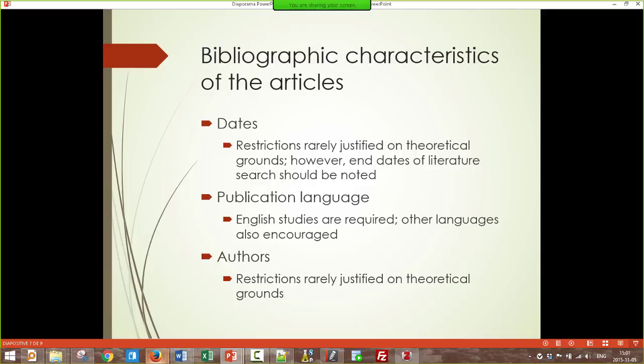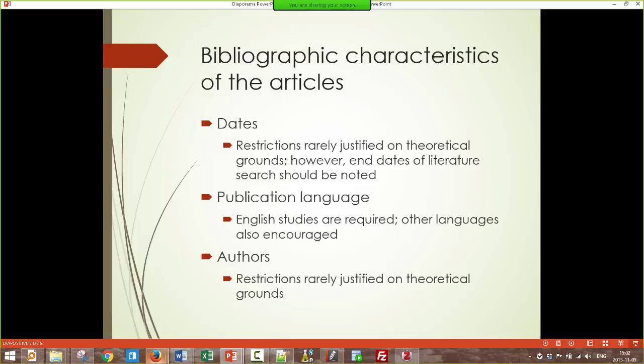But the main point is do not only search like French, because you're going to miss most of the leading work. Because scholars in non-English speaking countries, high quality scholars, publish in English because they want their articles to be widely read. So that's why I say that.